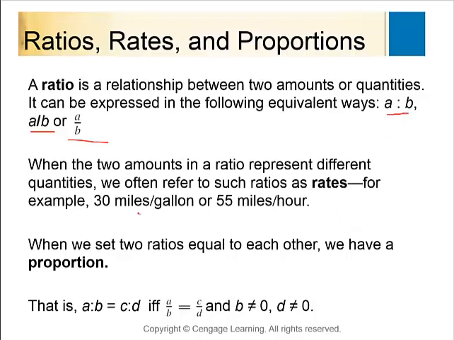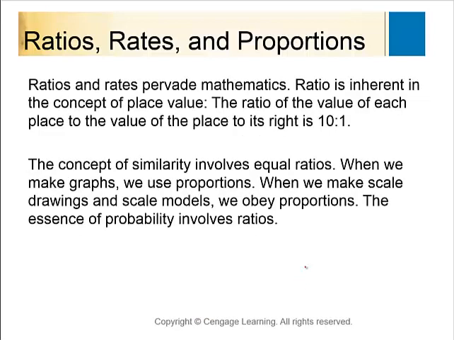A rate means something where I'm comparing two different units, and we say that two ratios are equal to each other, just as fractions are, if they are equivalent. But a ratio is not a fraction. So they're different, and we need to discover how it is that they're different as we're doing this. And we'll look at some examples that go through that.